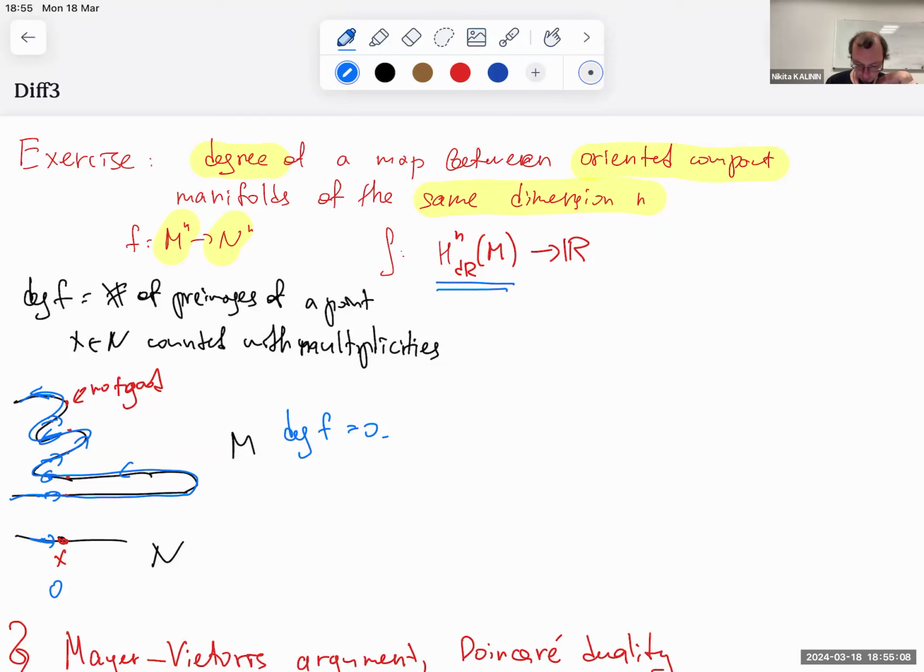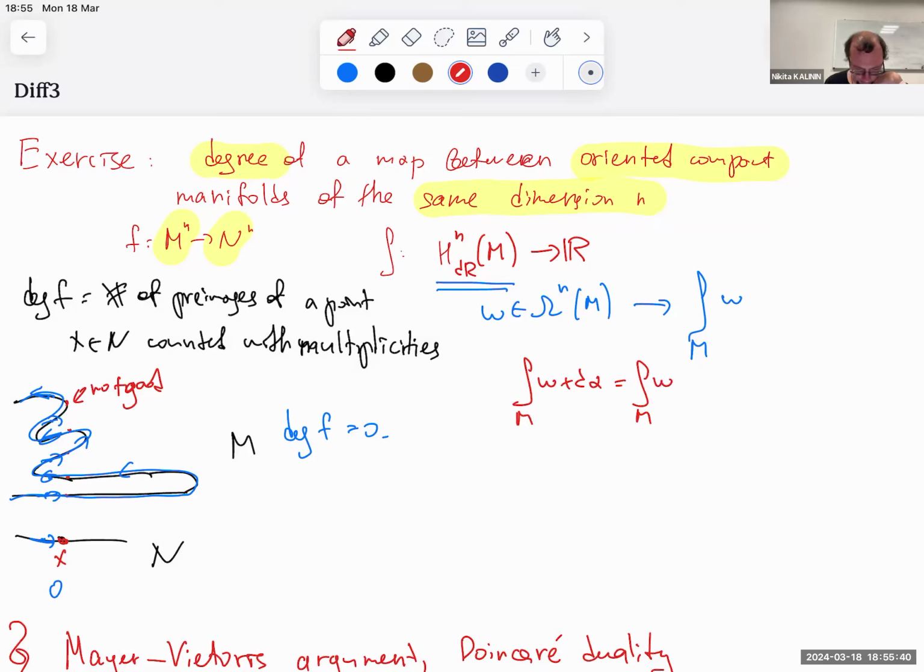So here you have any form, and you can consider the integral over M of this form. And then you know that if you add any exact form, the integral of omega plus d alpha is actually equal to the integral of omega, if you consider closed manifolds.